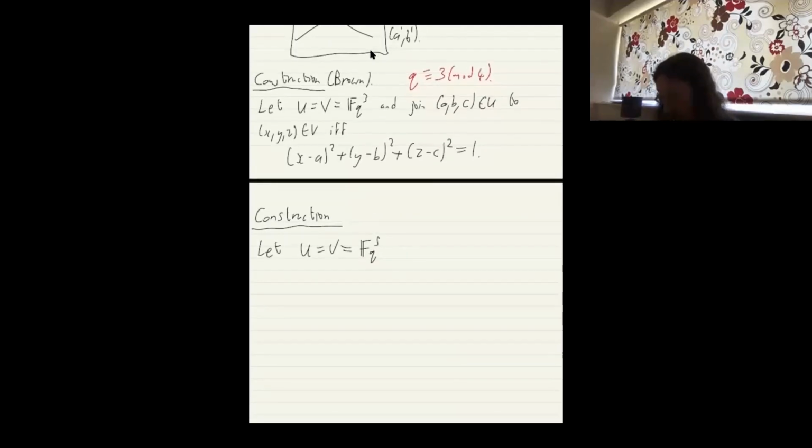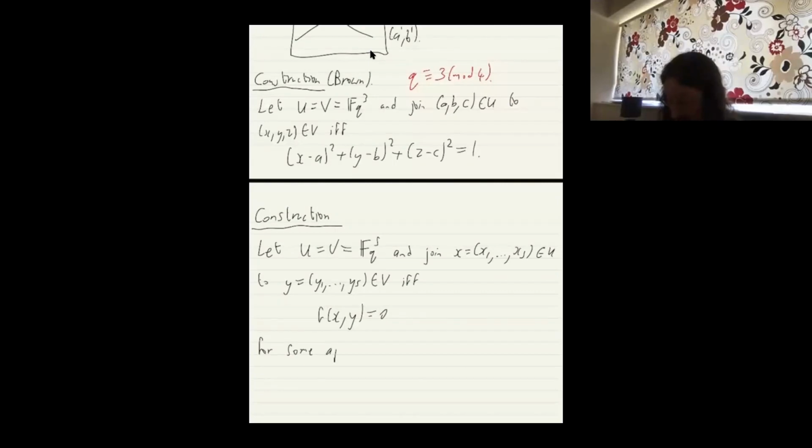So if we take U equals V equals F_q to the s, and we join x equals x1 up to xs in U, to y equals y1 up to ys in V, if and only if f(x,y) equals 0 for some appropriate f, which goes from F_q to the s cross F_q to the s to F_q.